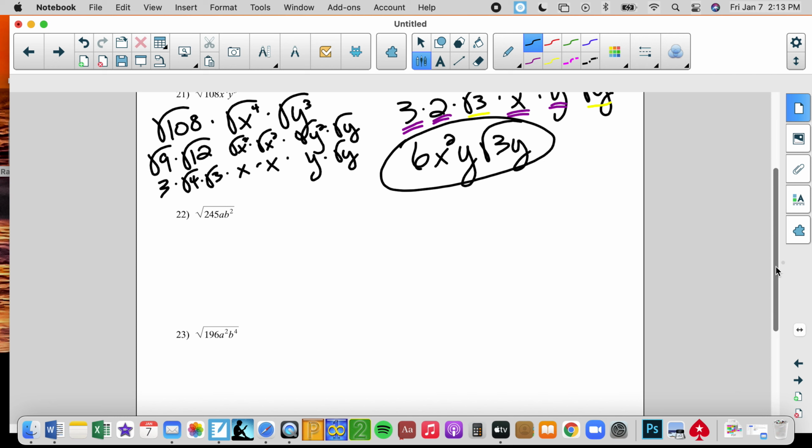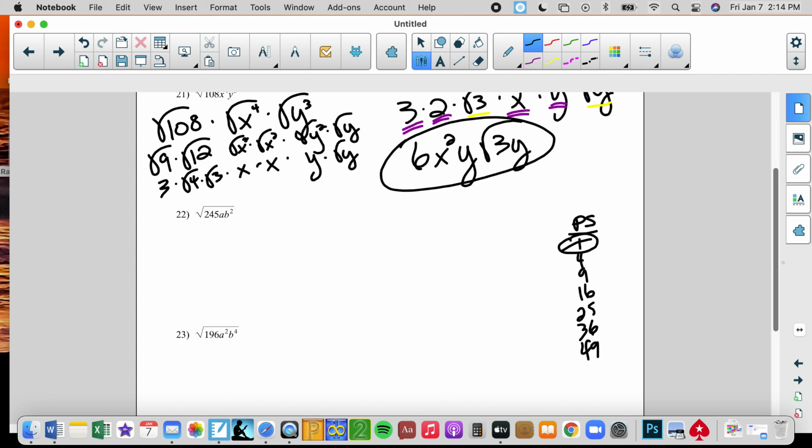245, holy moly. 245. So I'm going through my perfect square list. My perfect squares: 1, 4, 9, 16, 25, 36, 49, etc. So 1, we discount because that doesn't help us any.